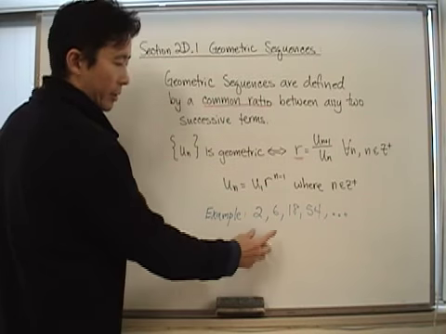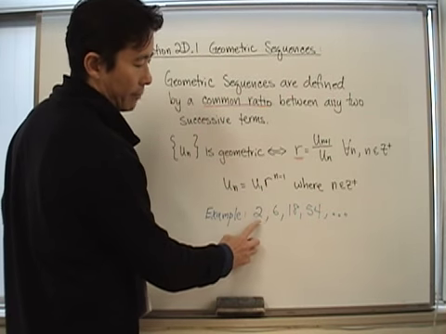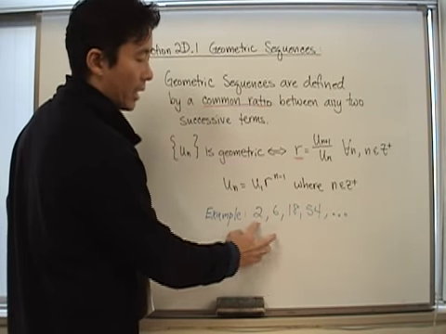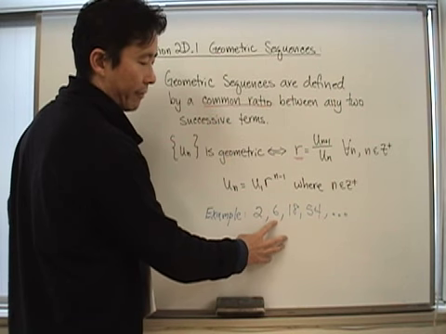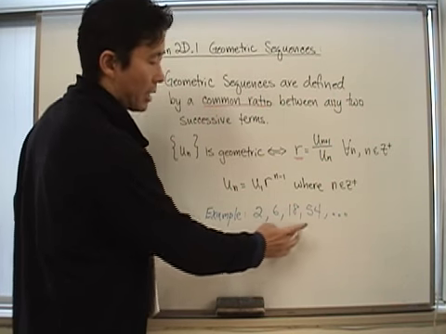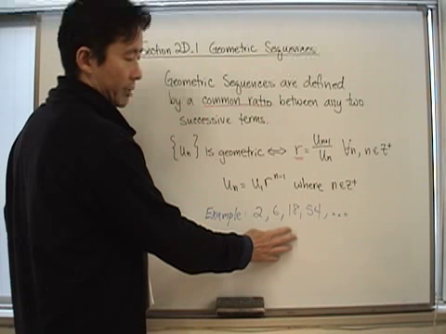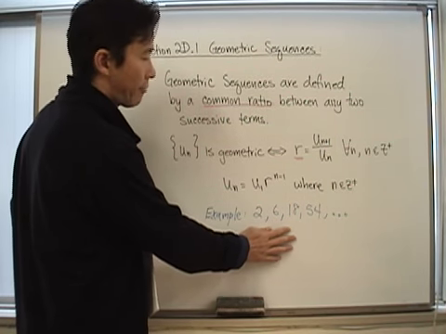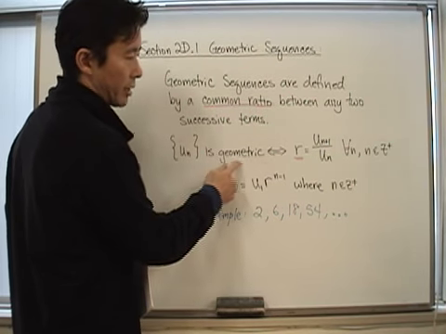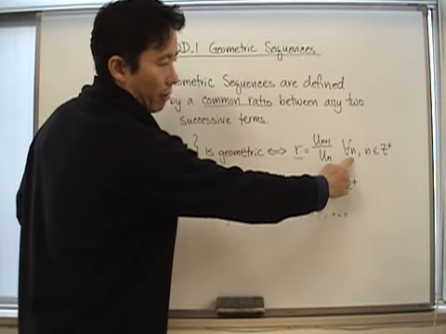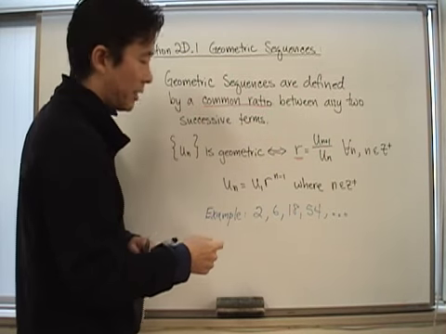But if we take this value divided by that value, that's going to be 3. If we take this value here divided by that value, it will also be 3, and that's going to continue for this particular sequence. So we know for a fact that this is geometric because this is true for all n being an element of the integers.